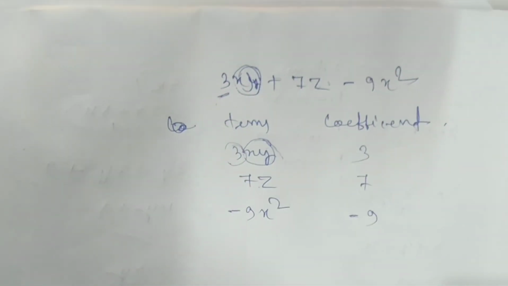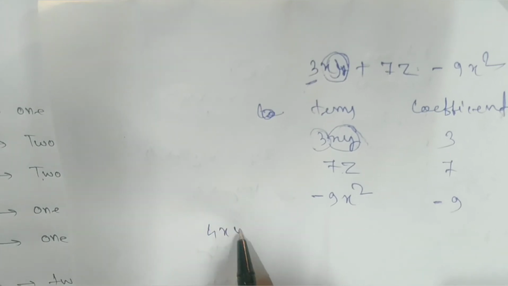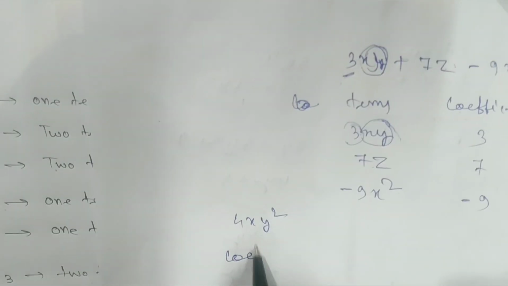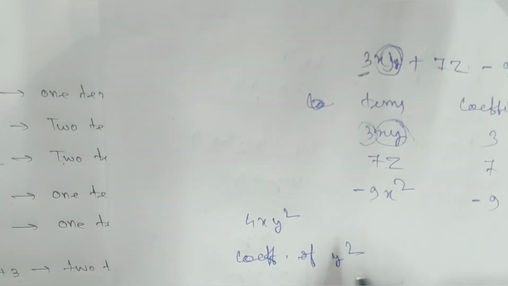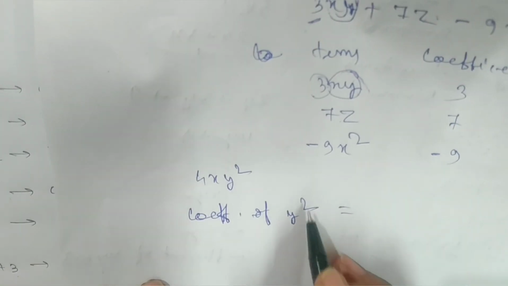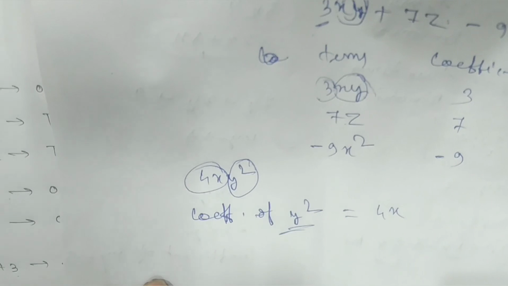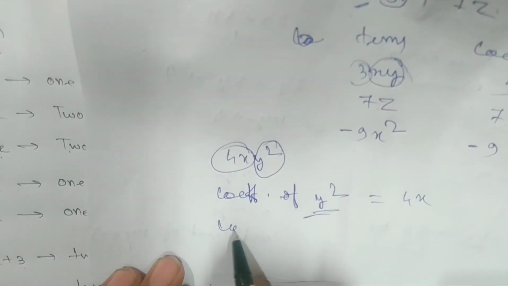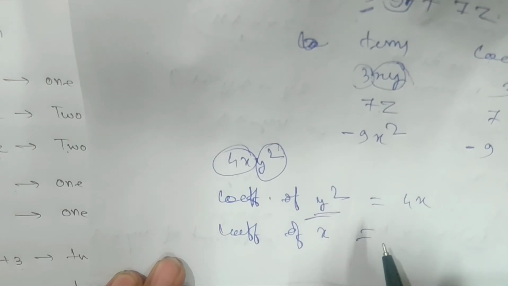Okay, so if I give you 4xy square, and I ask you the coefficient of y square, then what we're going to do, except y square, whatever remains, that will be the coefficient for y square. If I ask you the coefficient of x, what will be your answer?